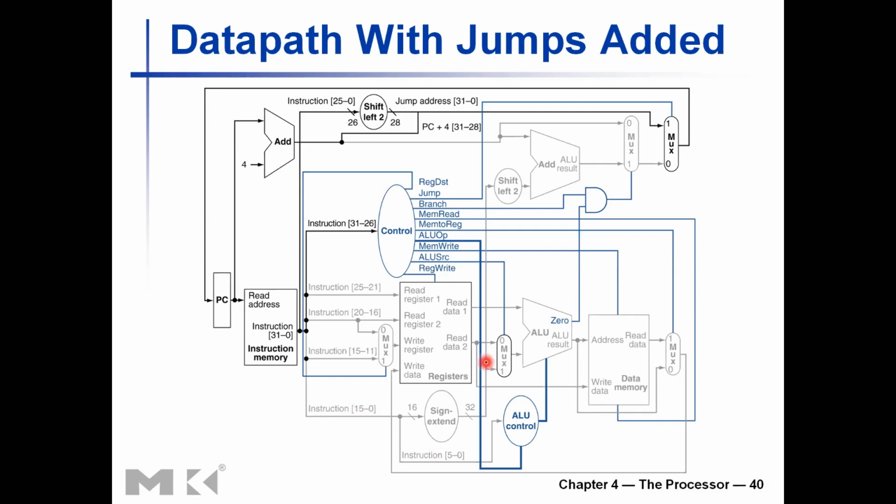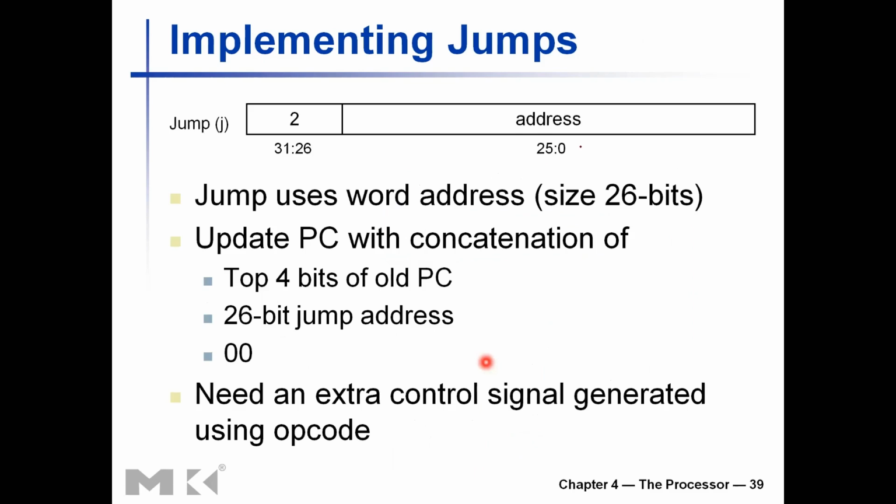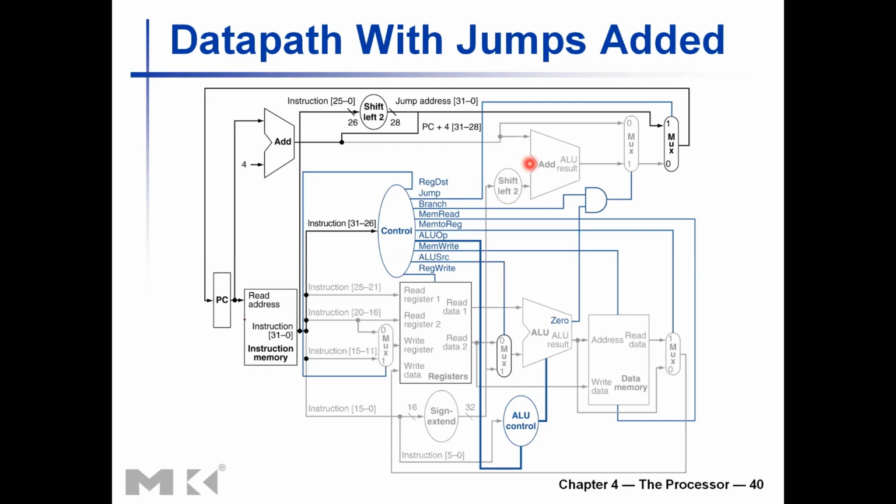Our immediate value for the jump instruction is a 26-bit value, so we need to take that separately. We take the 26-bit value and shift it to the left by 2 to make it into a byte address. So we get a 28-bit byte address.